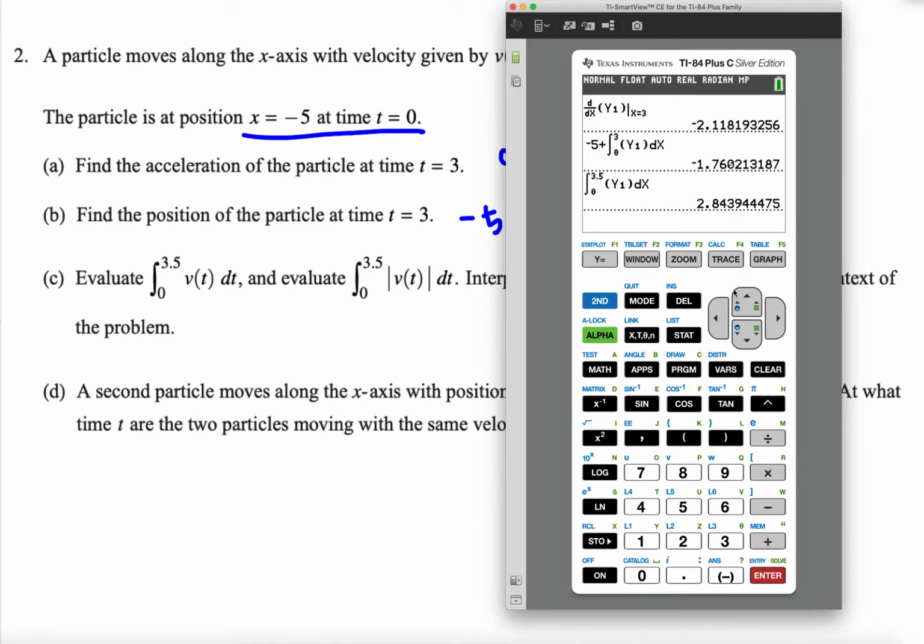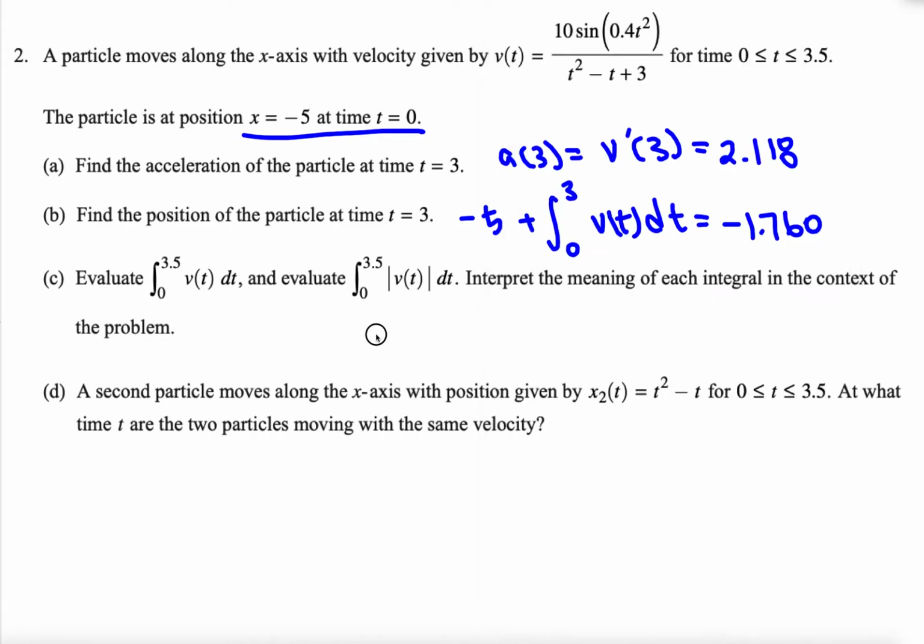Then it was equal to 2.844. So the integral from 0 to 3.5 of v of t dt is equal to 2.844. And then we realize that that's the change in displacement.